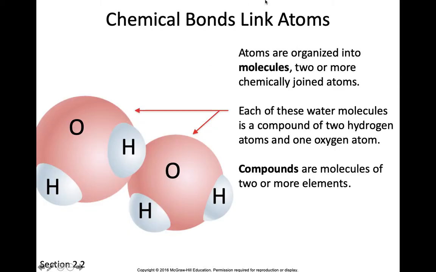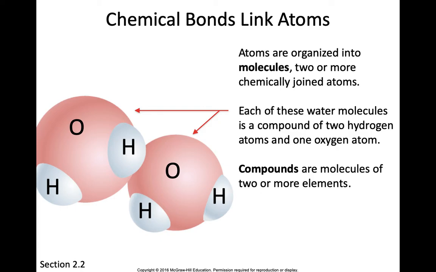So let's talk about what happens when you add different atoms together chemically, when you join them together. So if you take more than one atom and you stick it together using a chemical bond, which we'll talk about briefly, you get something called a molecule. So a molecule can be one or more of the same atoms bonded together.